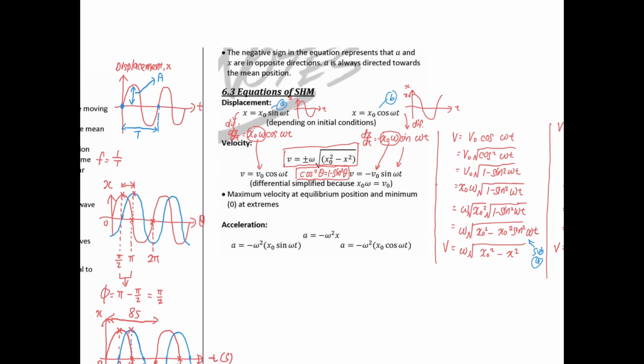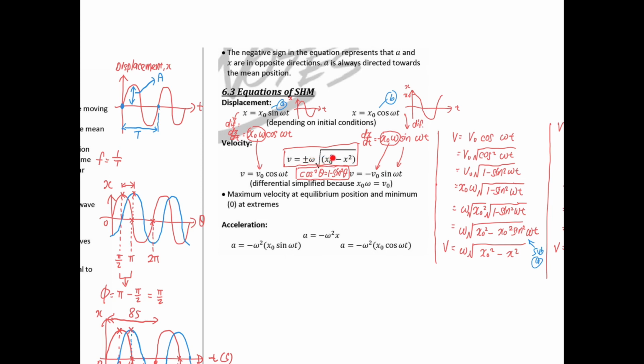Even this equation can explain the same thing. Imagine that when the pendulum bob reaches equilibrium, that means the mean position, the x you replace with 0. When you replace with 0, then you will get plus minus omega x naught.